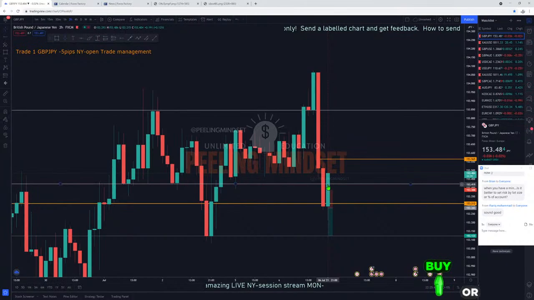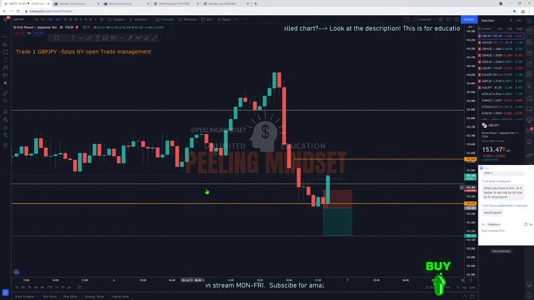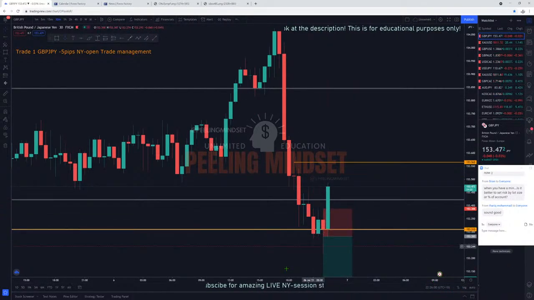If this 2-hour candle finally engulfs the previous 2-hour candle and manages to close above 153.565, I'm going to start building my bias for buys at that point. But for now, we are 25 minutes into the market, so I have to see what happens in the next hour.